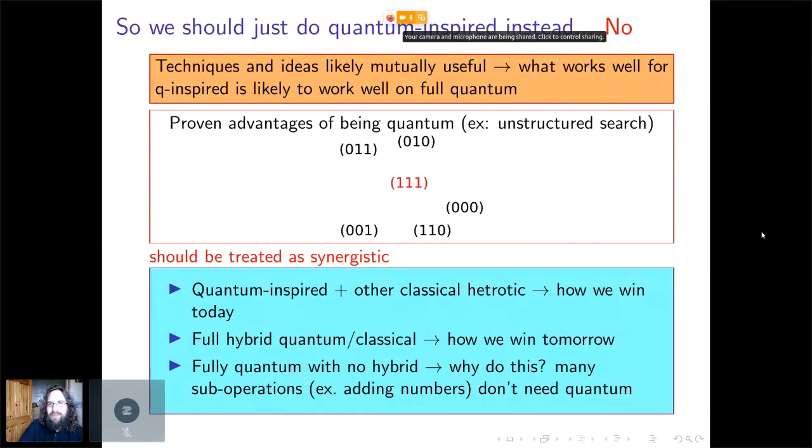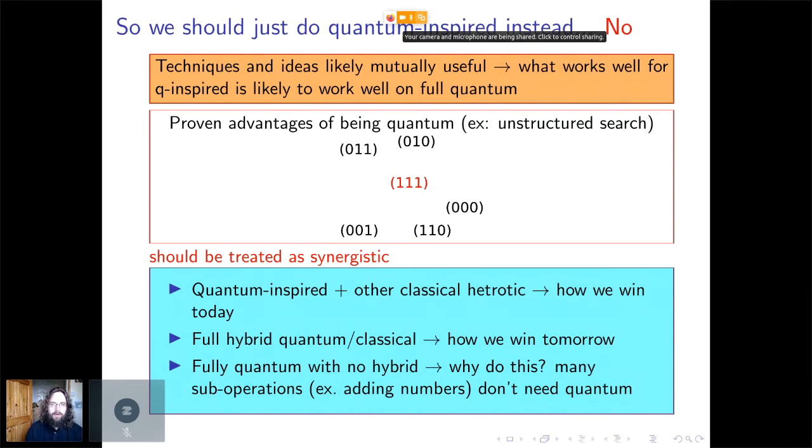I probably don't need to be telling this audience this, but you still are probably going to want to do the genuinely quantum algorithms because there are quantum advantages, for instance, in unstructured search. But the point is, these should really be treated as synergistic.